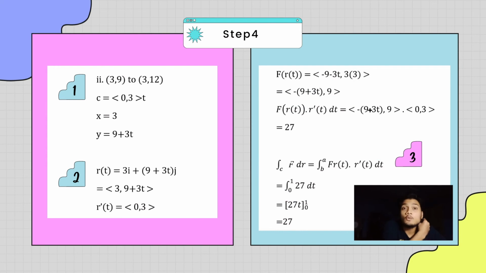In this step, we need to find r'(t) and F(r(t)), because after that we substitute into the vector F and find the dot product between them, and the value we got here is 27. And we proceed to the third step, which is the last step. Find the integration value, and after the calculation, the value of the integration here is 27.